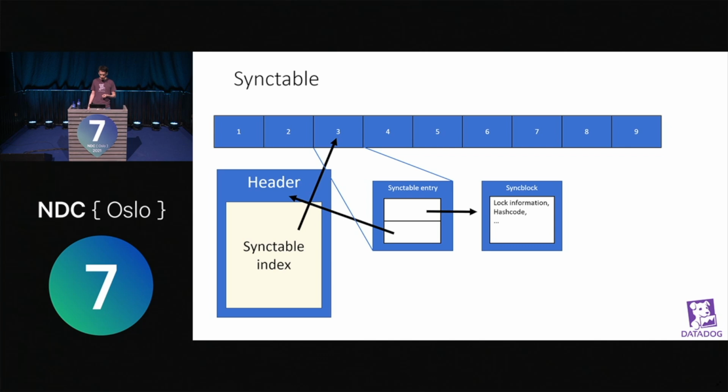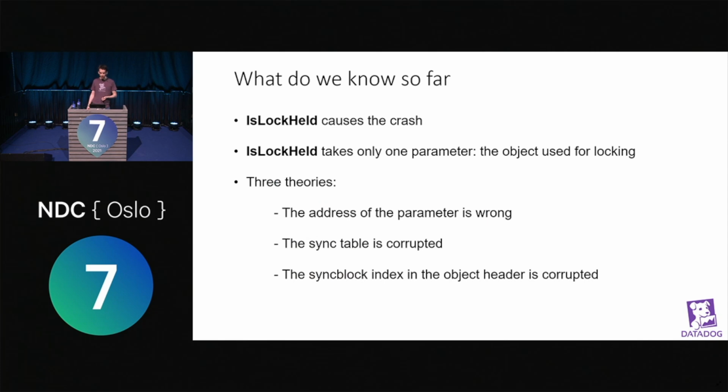So basically, in short, the runtime is going to store information on the object header as much as possible because it's fast, but when it can't, it will instead use the sync table. And so I went back to my problem, and now I had enough information to refine my theories. And so now I had 3 theories about what is going wrong.